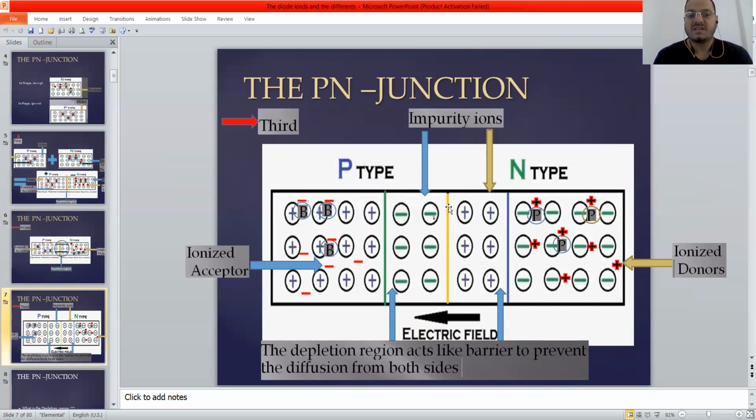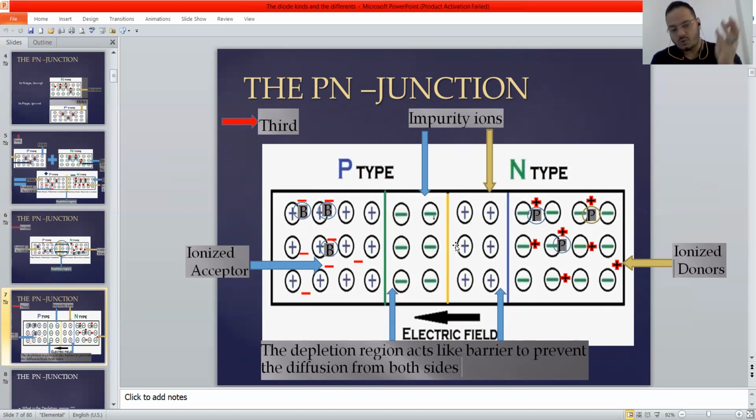Like we're seeing, we have donor ions near the n-type. In the same situation, we have acceptor ions near the p-type. Why? Because they depend on the attractive force. But the important phenomenon here is that we don't have any carrier charge.